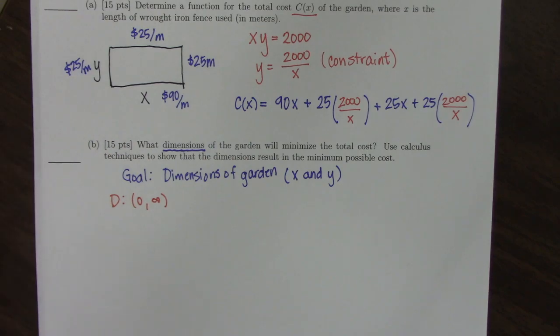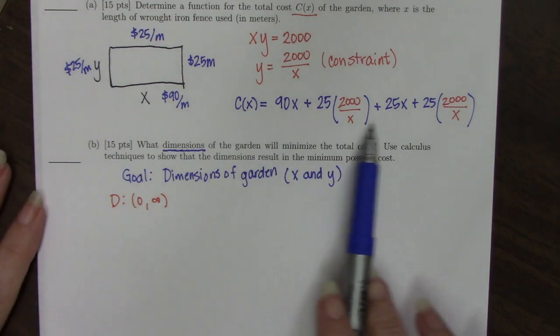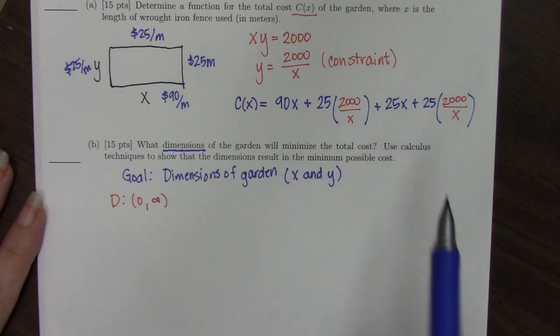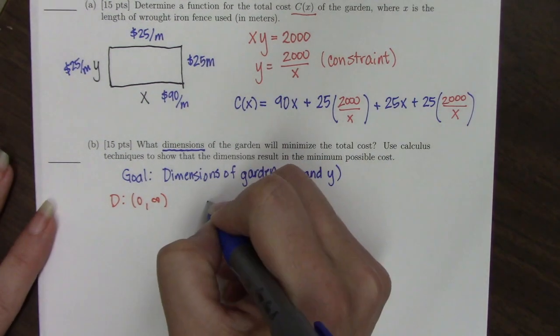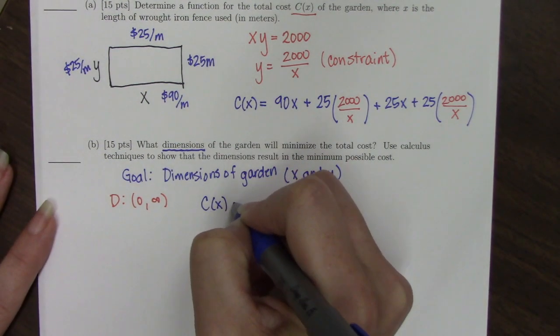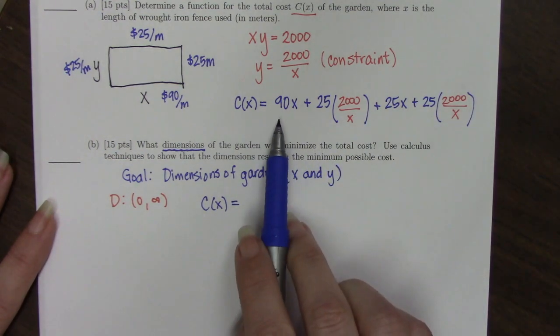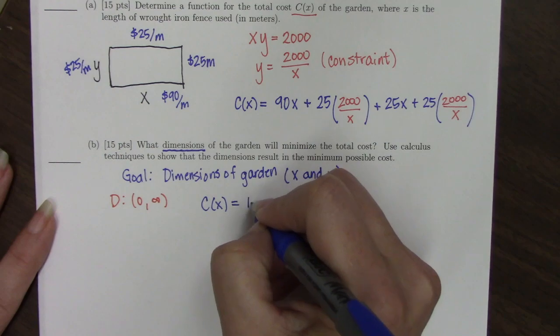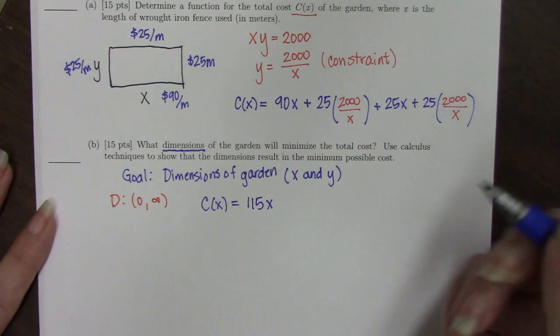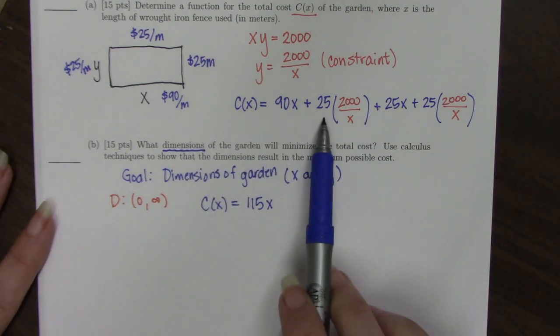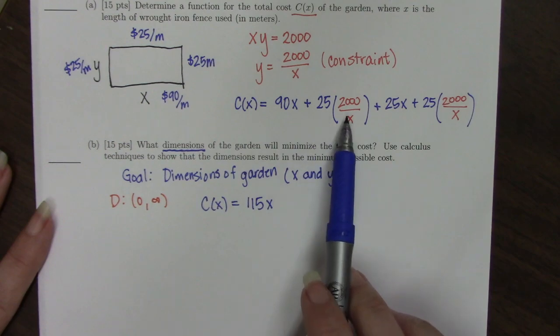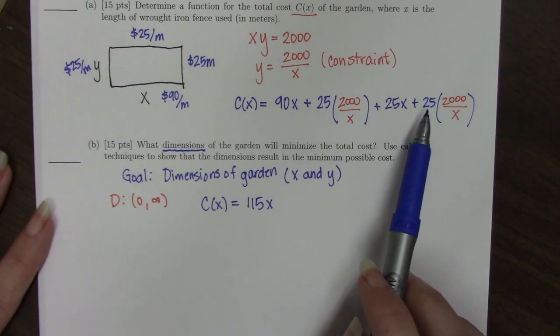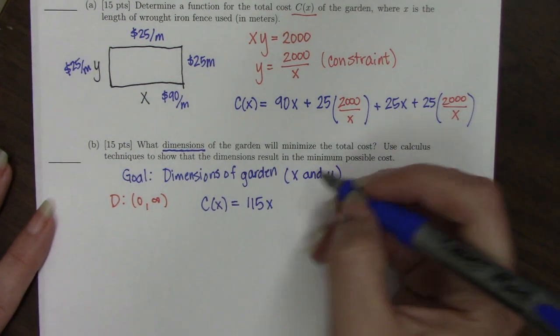The next thing I need to do is find some critical values. So before I find some critical values, I'm going to clean up this function just a little bit to make my derivative easier. So C of x, if we add 90x plus 25x, we get 115x. And then I've got a 25 times 2,000 over x and another 25 times 2,000 over x.